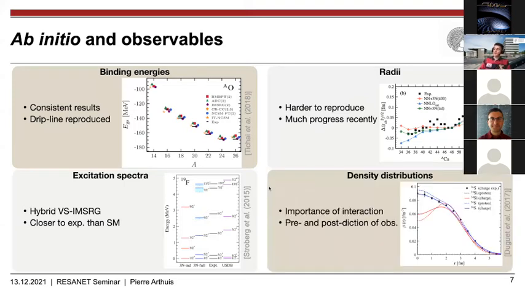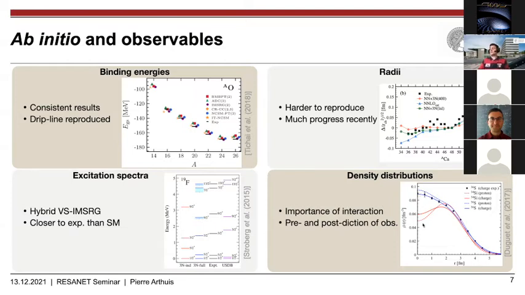And finally, and that will be the topic of today's talk, another thing that we can look at are density distributions. So that plot is taken from a paper from the Saclay group a couple of years ago, where you can see that they reproduced the experimental charge density for sulfur 36, computed the proton density as well.